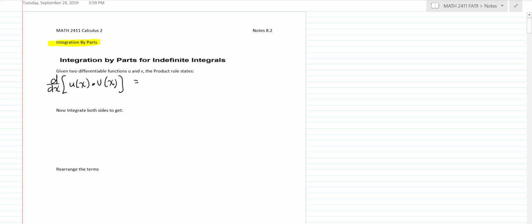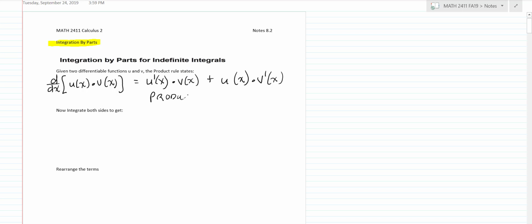We do the derivative of the first, u prime of x, and then we just write down the second, and then that's plus the first times the derivative of the second. A lot of times I do that backwards, so it goes like that. That's basically your product rule.